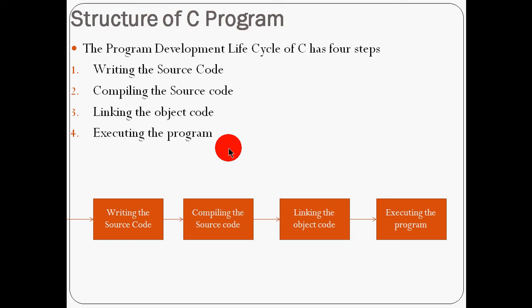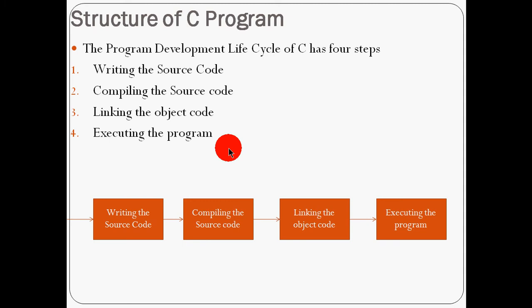Now we are moving toward another concept, that is the structure of a program. A C program is divided into two parts. The first part is the header part, while the other part is the main function.